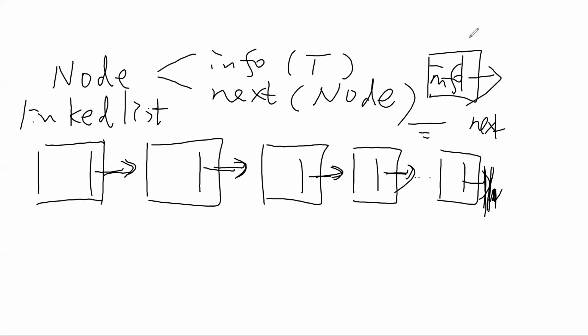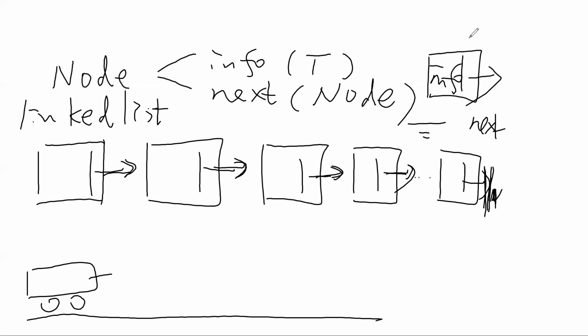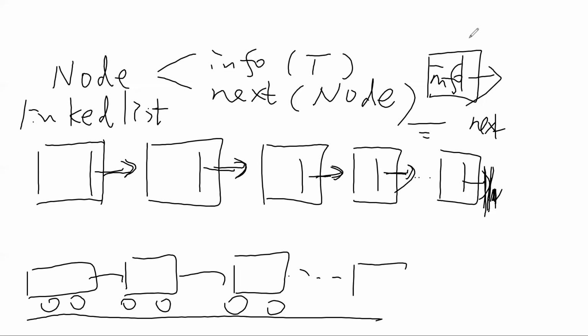Okay, a linked list. Think about the railway case. We have the hooks connected together. For the railway, you have a driver who drives the Amtrak, and it's always at the very beginning of the carts.